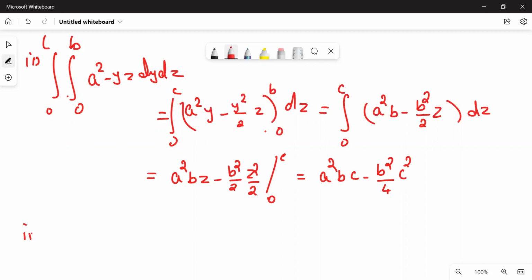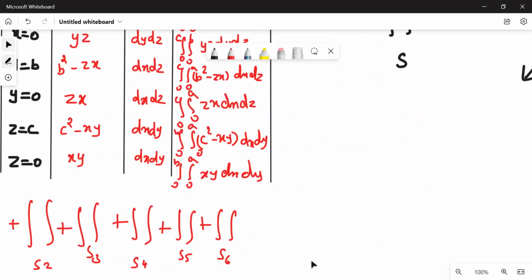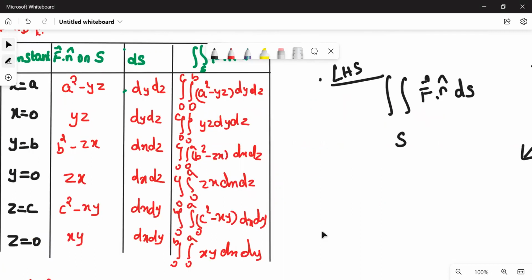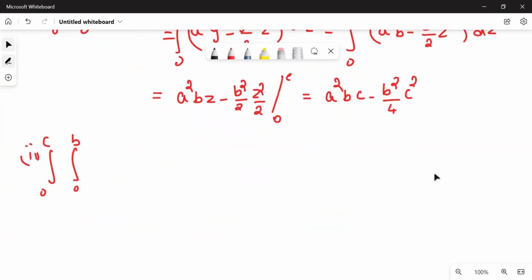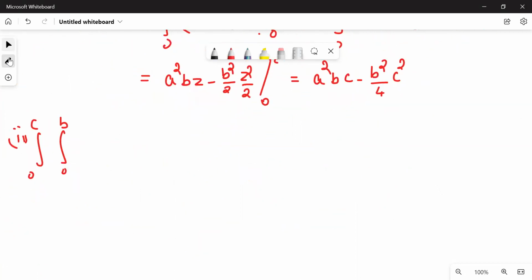Second surface is double integral over 0 to c, 0 to b. What is the function for S2 we have got? yz dy dz, which is simply yz dy dz.